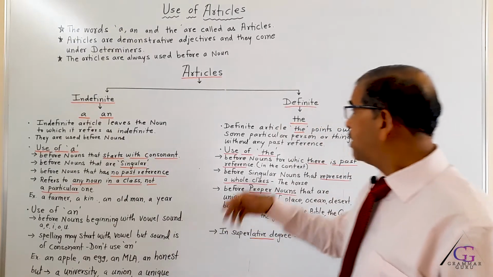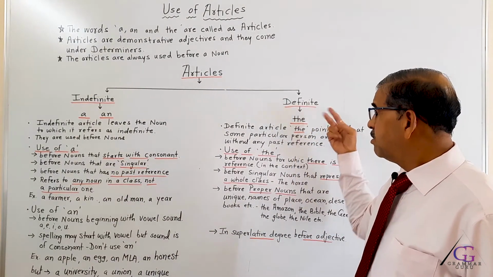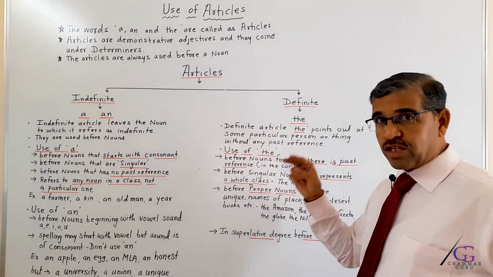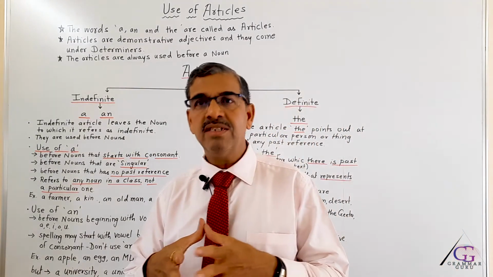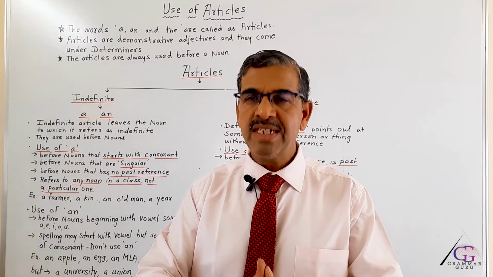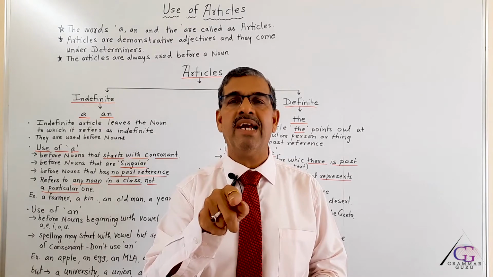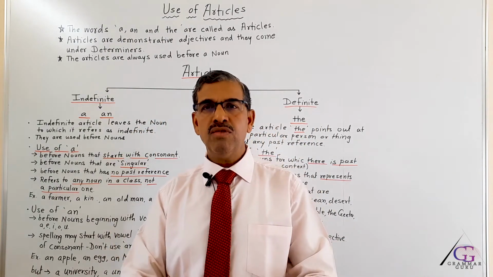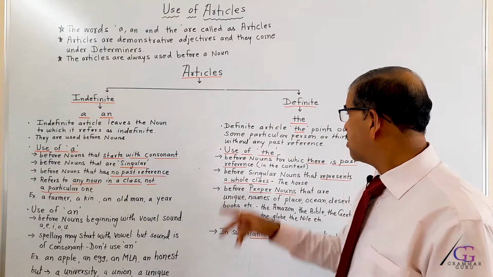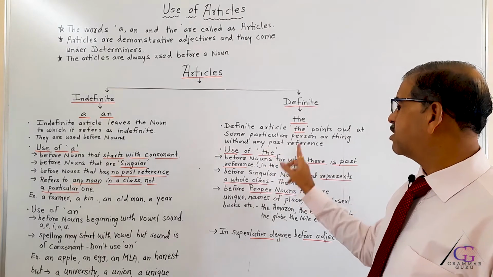Keep watching. Now, the last part is the definite article the. So, definite article the, actually, why do we call it definite article? The definite article is called definite primarily because it points out, indicates or refers to a particular noun only, a particular person, a particular thing to which we are talking.